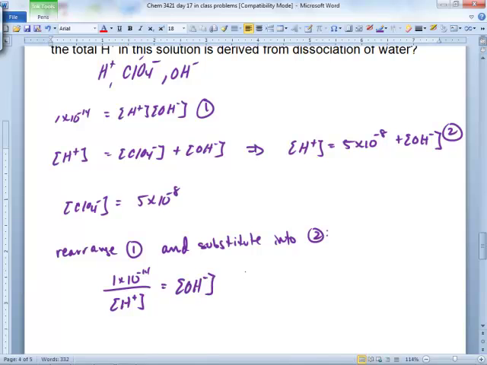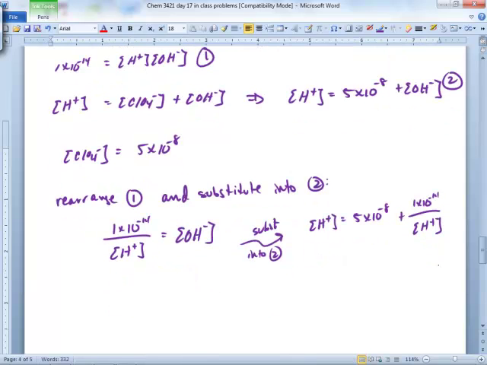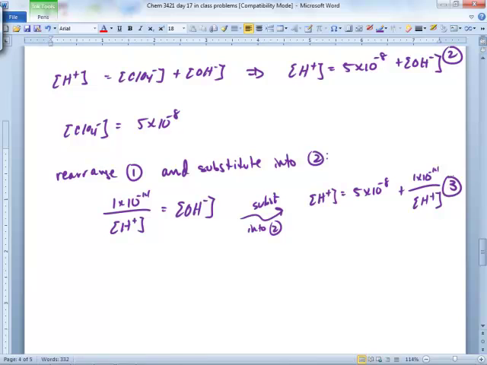And then if we substitute into 2, we're going to have concentration of hydrogen ion equals 5 times 10 negative 8 plus my hydroxide, which is 1 times 10 negative 14 all over hydrogen ion. You can call that 3 or something.